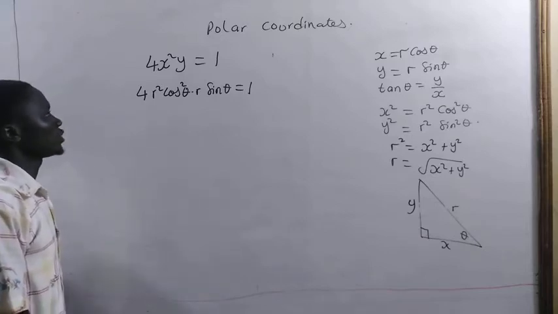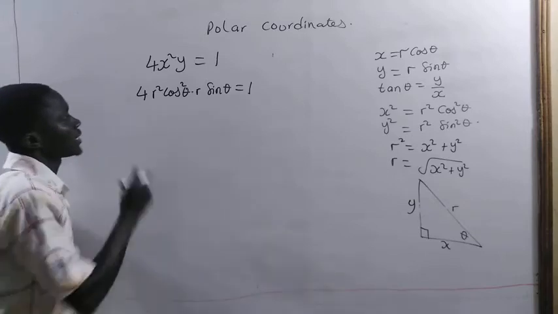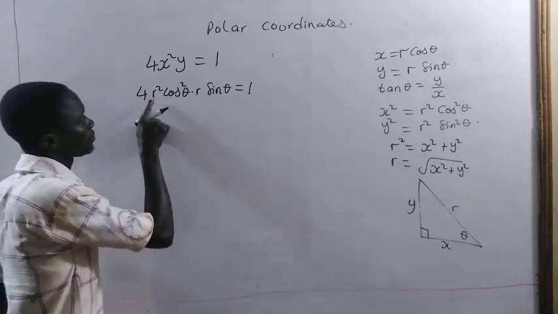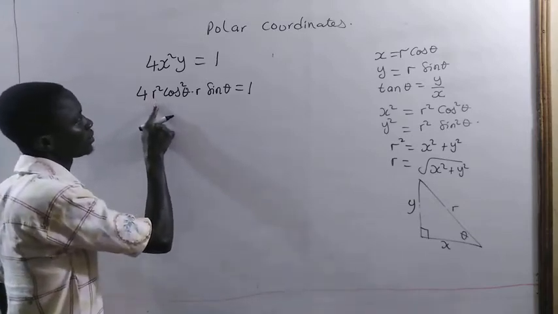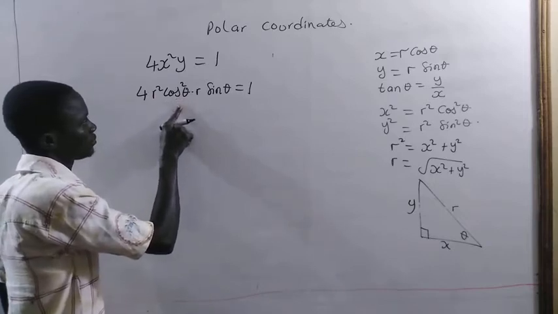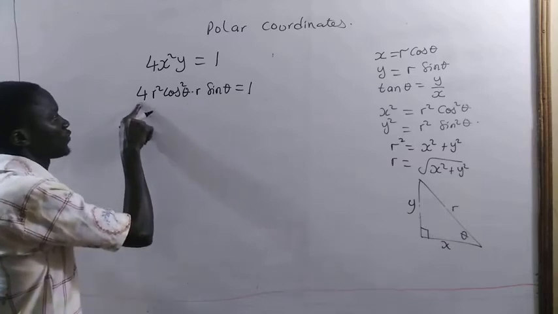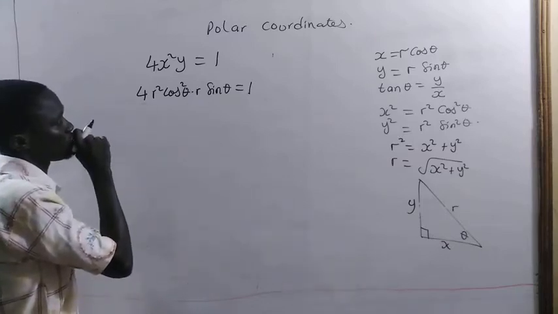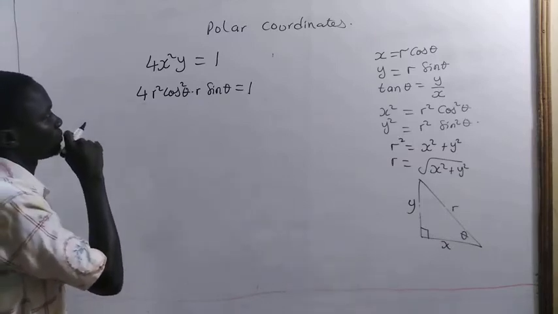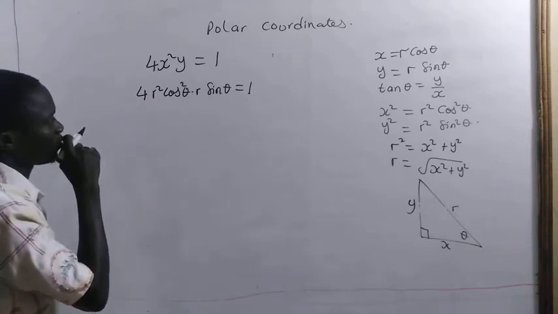Okay, now let's do this one. You see that we have r squared cosine squared, and we have r sine theta, and we have 4 here. So what should we do?